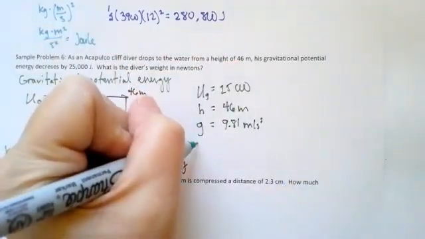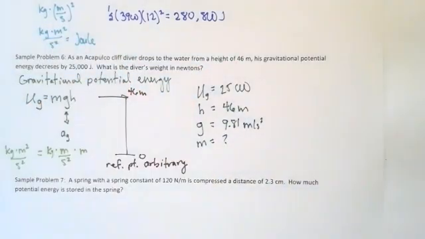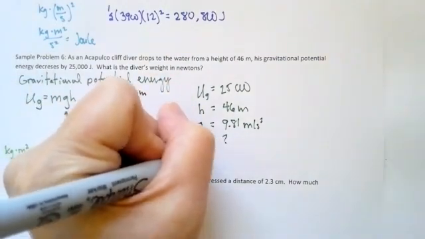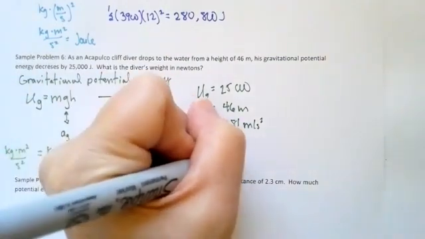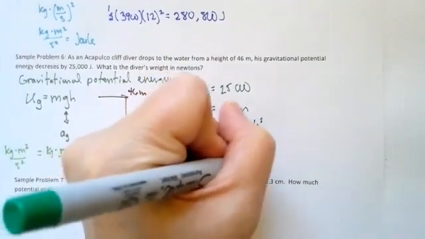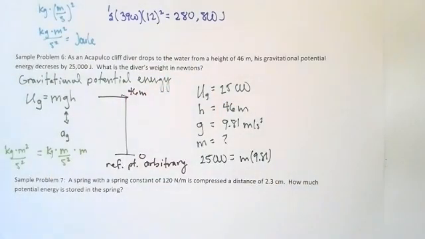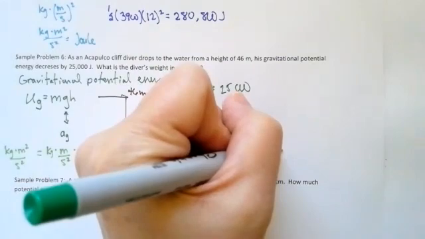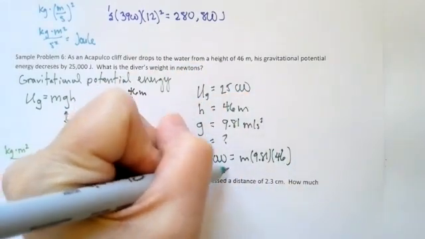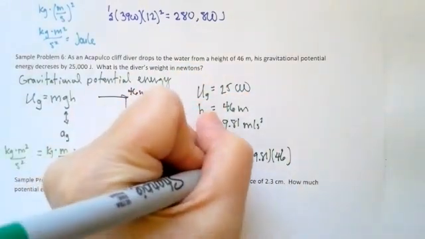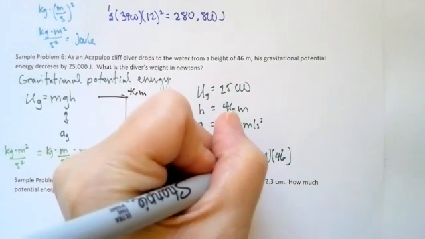So if I want to solve for mass, I can do that. It's going to be 25,000 equals mass times 9.81 times 46. And his mass, when I solve, is going to be 55.4 kilograms.